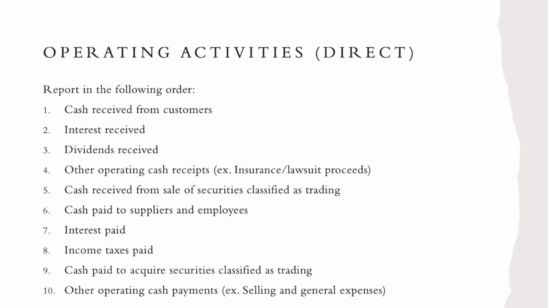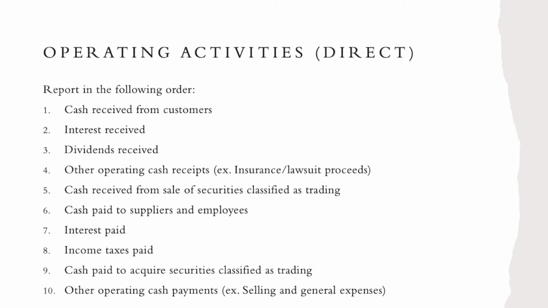So with that being said, let's take a little deeper look into the operating activities when using the direct method. So just reported on the last slide, the first transaction would include cash received from customers, and then in the following order, you want to make sure that it displays the interest received, any dividends received, other cash receipts such as insurance proceeds or any lawsuit proceeds, then cash received from sales of securities that are classified as trading, so just note not available for sale securities or held to maturity securities, just trading.